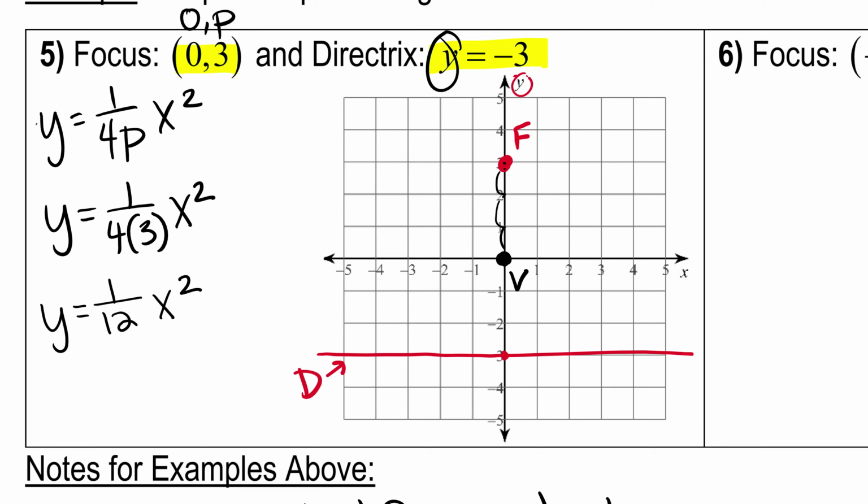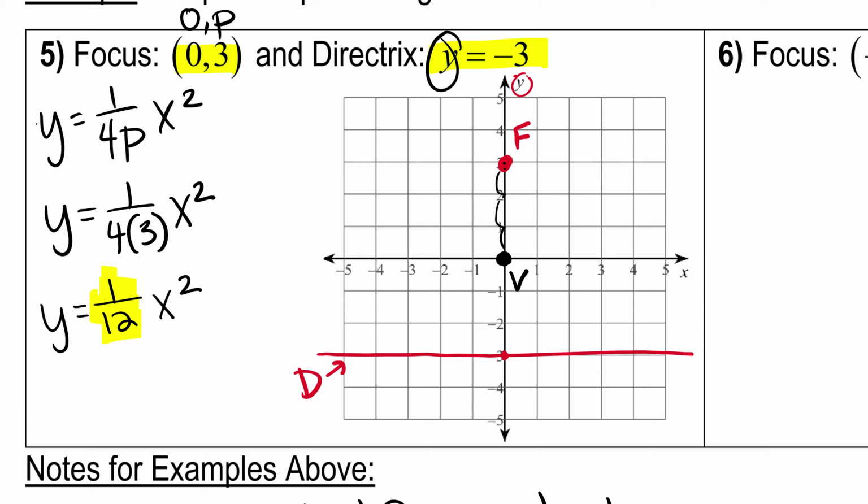So this number right here, this 1 over 12, will give me what I multiply my quadratic pattern by.